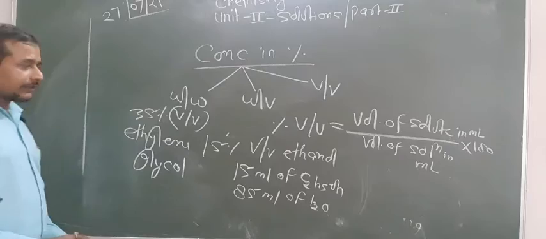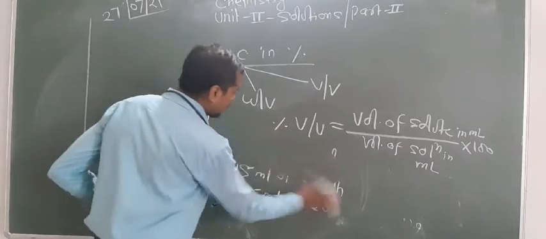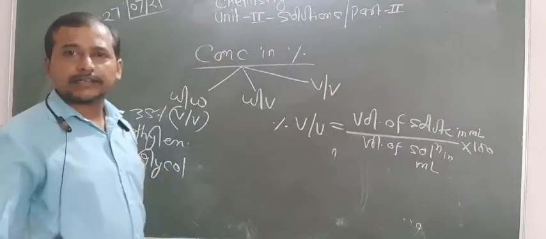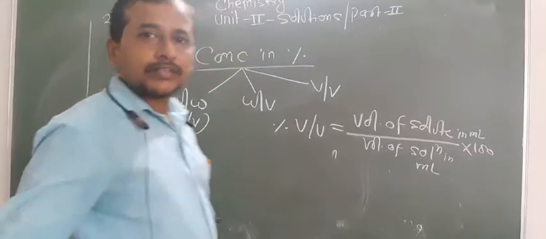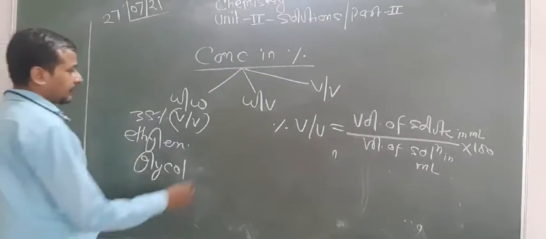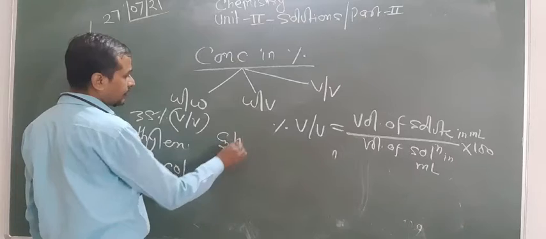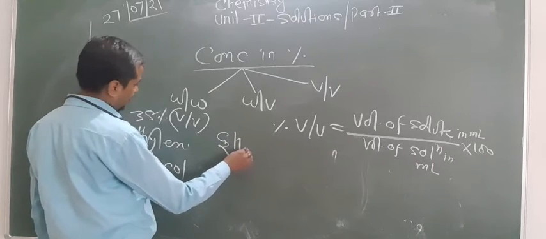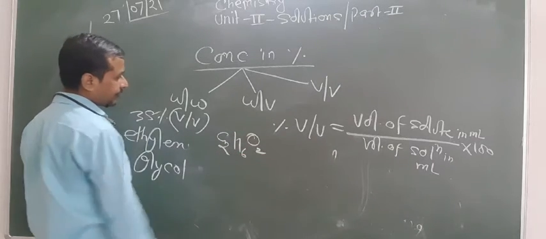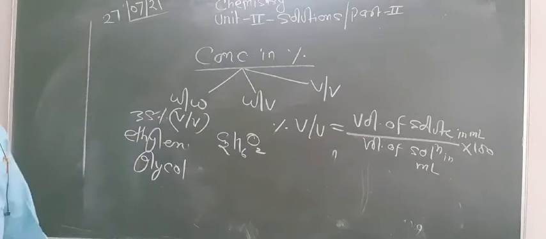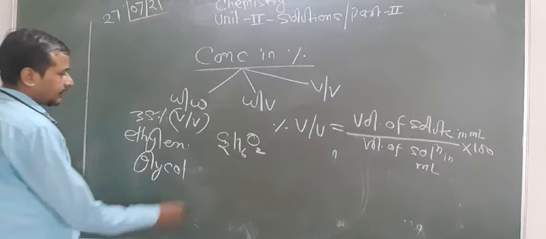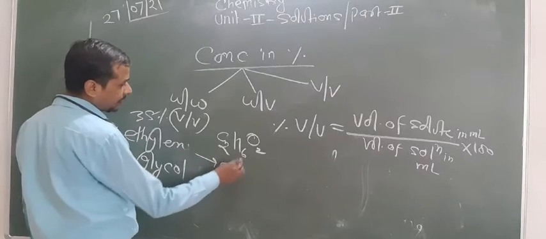It is a type of antifreeze, so it works as an antifreeze agent. Look here, the formula of ethylene glycol is C2H6O2. This works as antifreeze at this concentration.